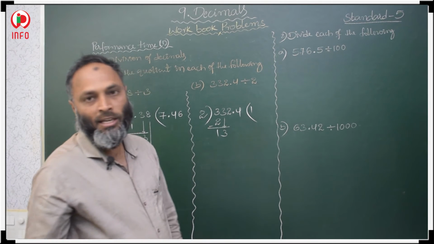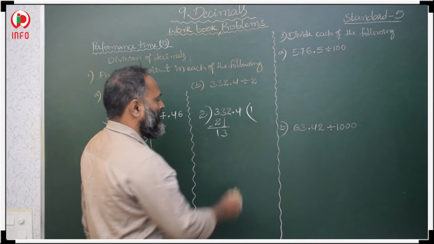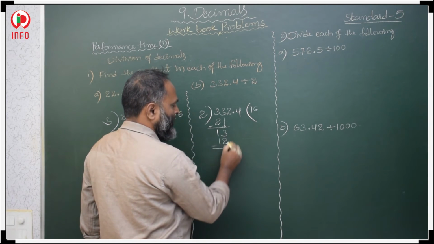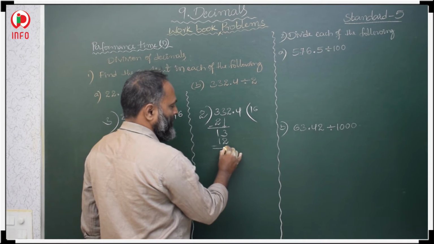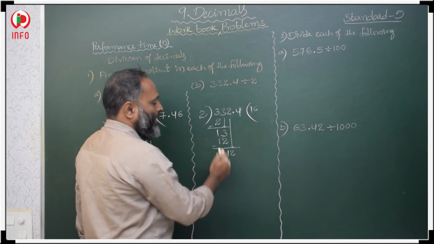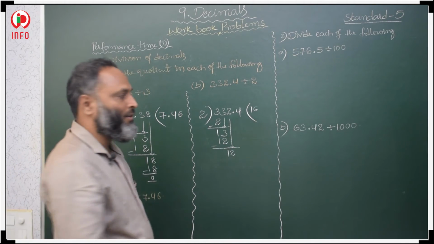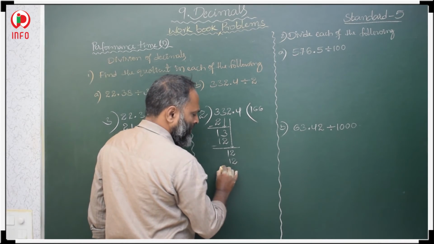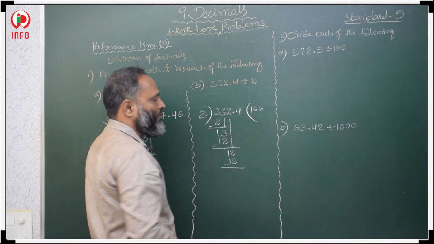When will you get 13 in the 2 table? 2 6s are 12. 3 minus 2 is 1. 1 minus 1, 0. No need to take. And again copy 2, the next digit. When will you get 12 in the 2 table? Again 2 6s are 12. 12 minus 12, 0. No need to write.